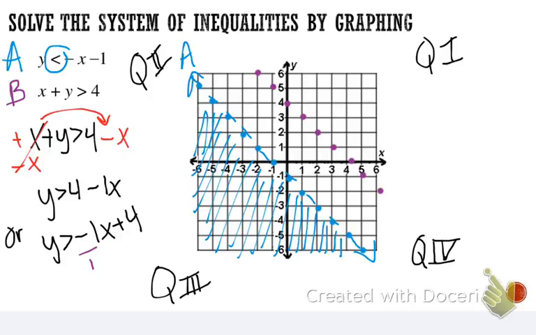Okay. So this inequality says first of all, you should have a dashed line. So here is a dashed line. And I'm going to label it B. And then it says to shade the top area, so above the line.